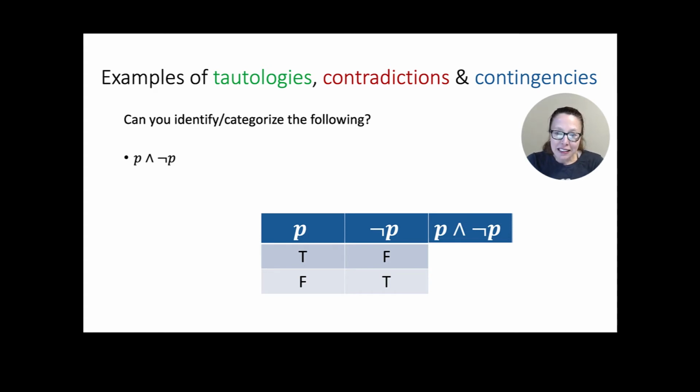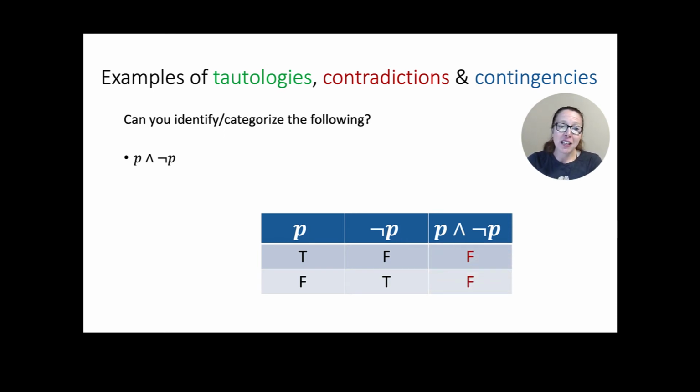What does that mean for P and not P? If we look at the combination, the conjunction of P and not P, we see that there's no possible combination that will lead P and not P to be true, because we can't have P be true at the same time that not P is true.